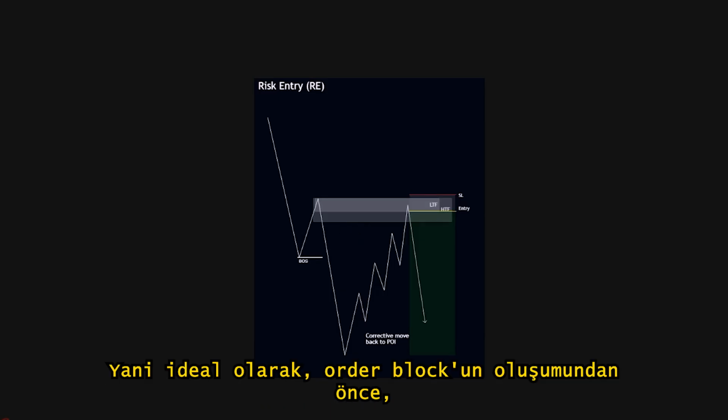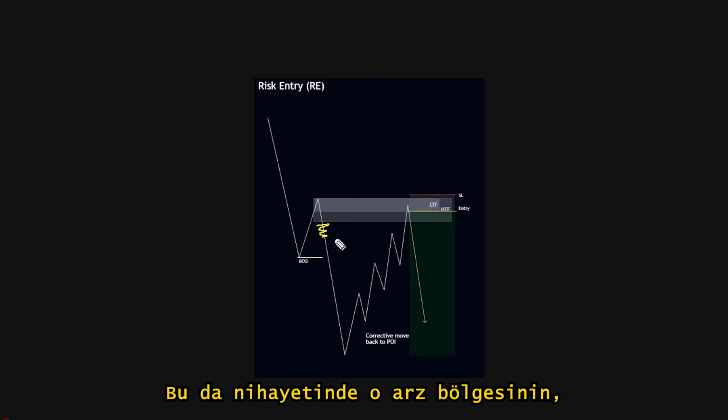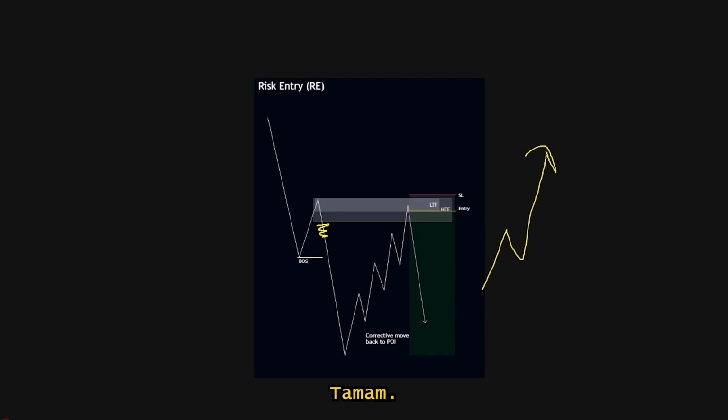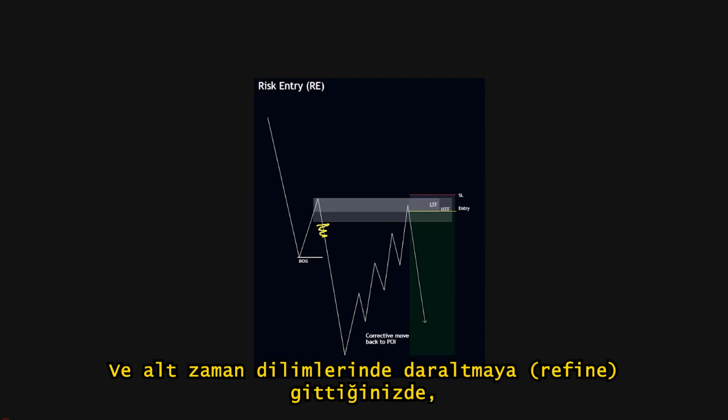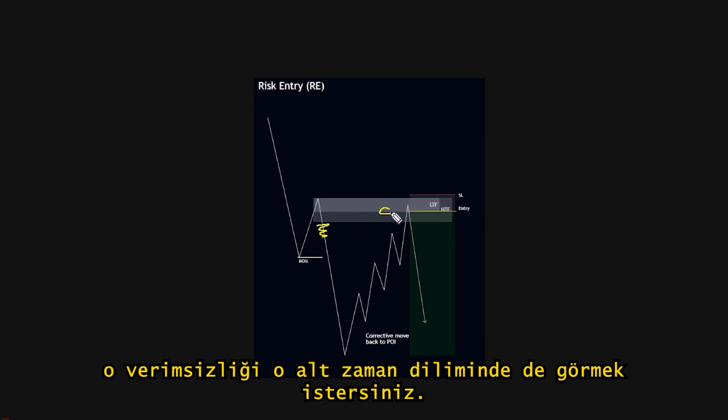Ideally we would want some price inefficiency before the creation of the order block, which would strengthen the area of supply, or demand in the case of an upward movement. When you refine on the lower time frames, you also want to see that inefficiency on the lower time frame, to give reason for price to come to the lower time frame and then move lower.